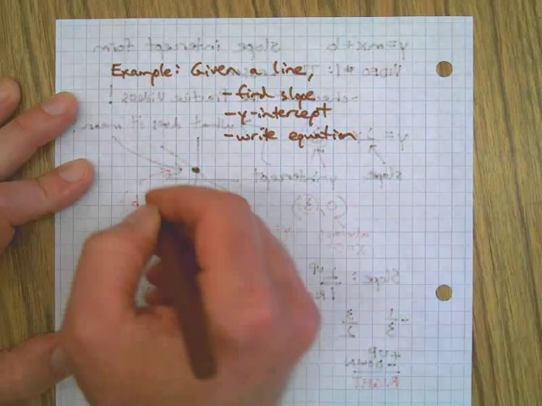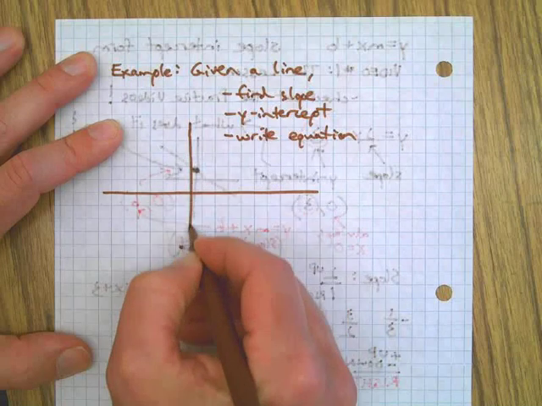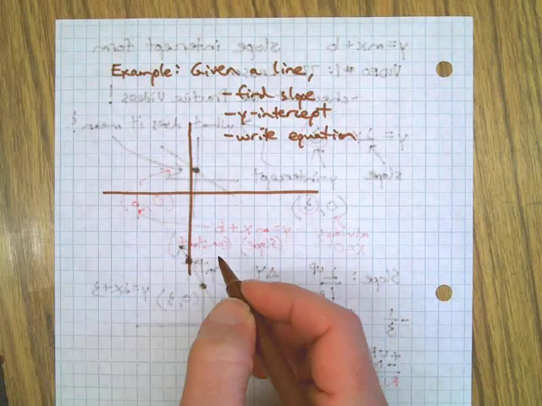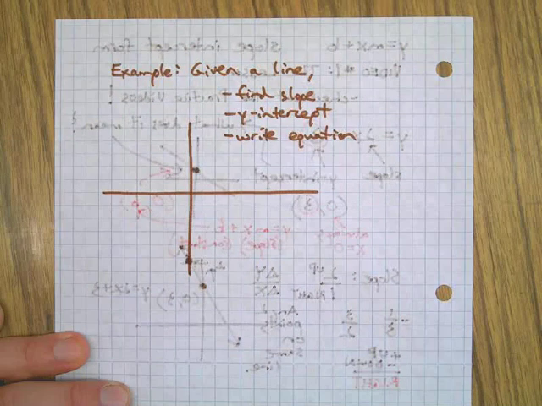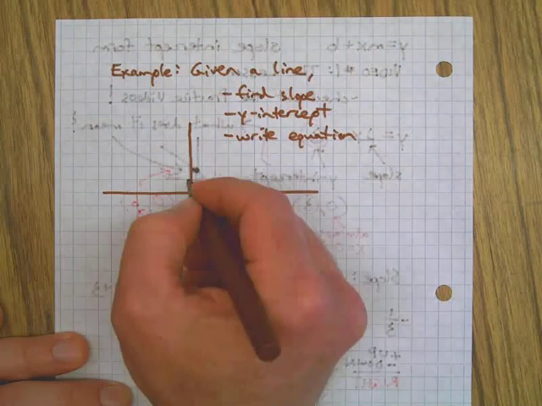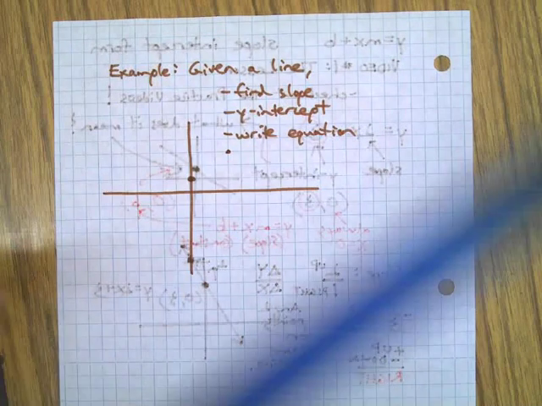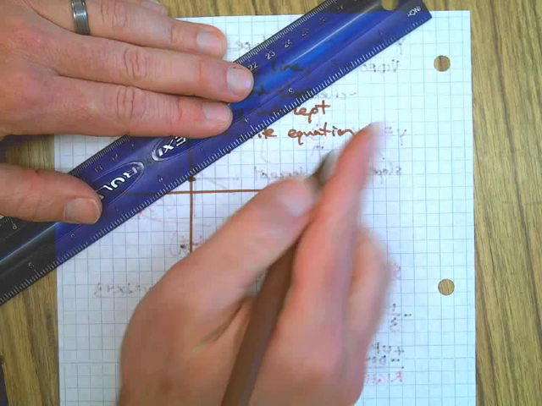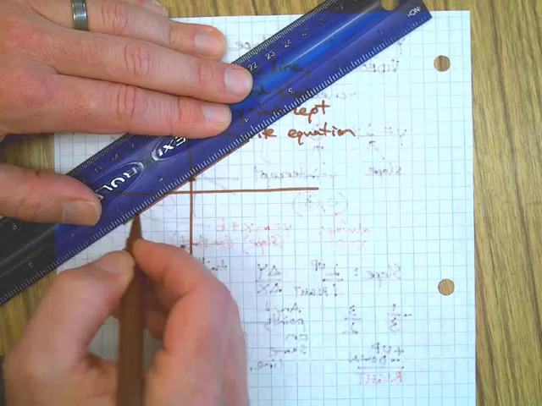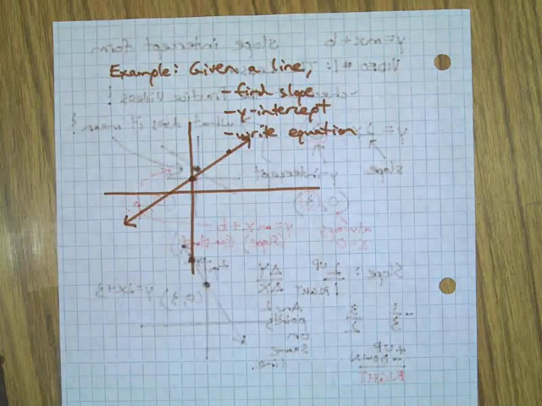Here's how that works. Let's say you just walked into math class. There's a big test. You're all scared. You studied all night, but you're still scared. And there's just a line. All there is a line. And you're supposed to find the slope, the y-intercept, and write the equation with just a line.